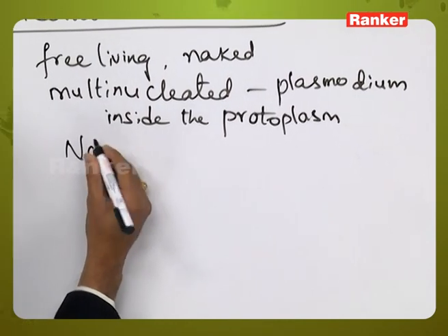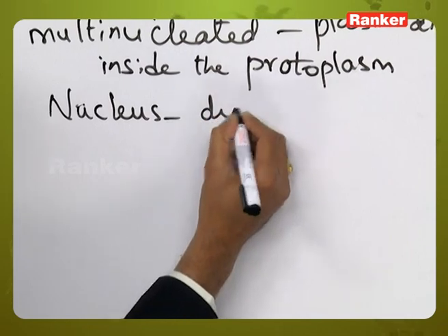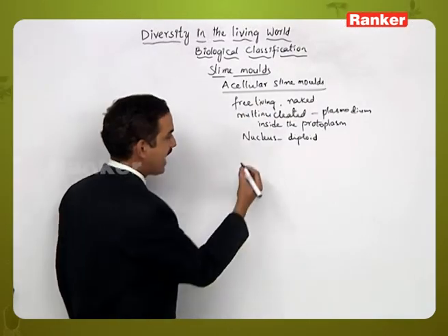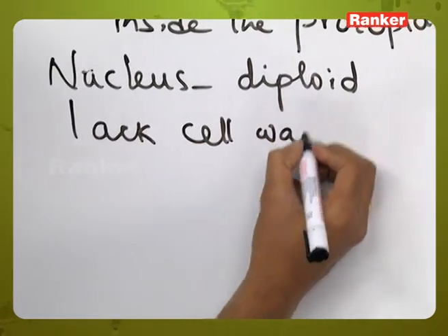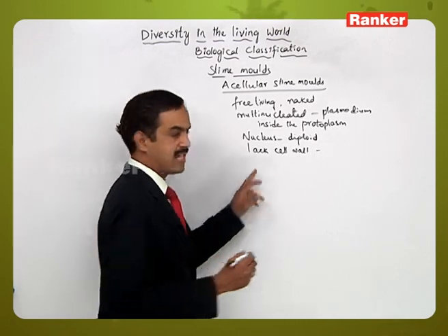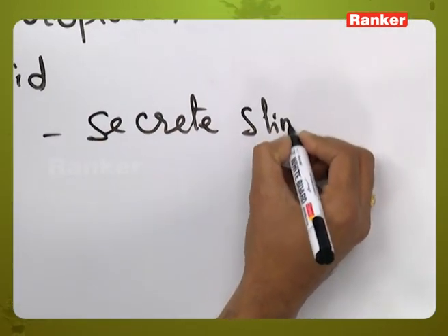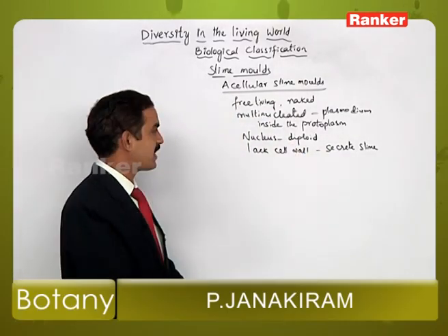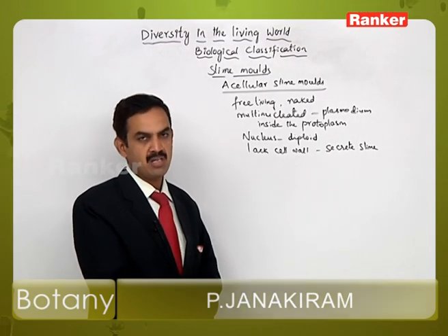The nuclei are generally diploid in nature, and the structure lacks a cell wall around them. They lack a cell wall and they secrete slime around them. So around this protoplasmic content the slime will be present, inside which the protoplasm and the nucleus, which is diploid in condition, are present.